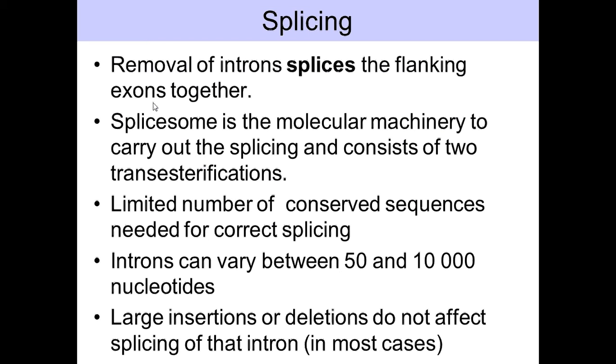Introns can be 50 bases, not base pairs, to 10,000 bases or nucleotides long. And like I said, insertions or deletions in the introns do not affect splicing in most cases.